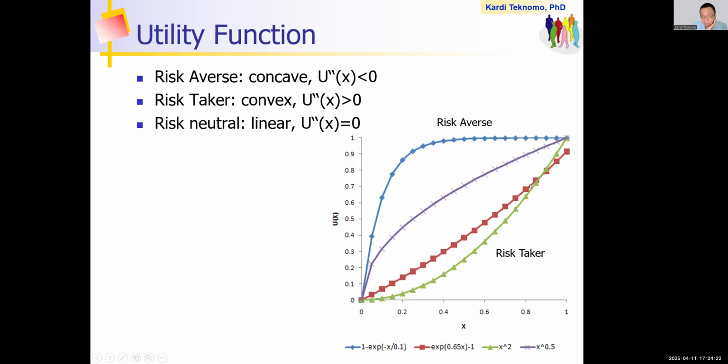A risk taker is a convex curve. This means the second derivative is positive.